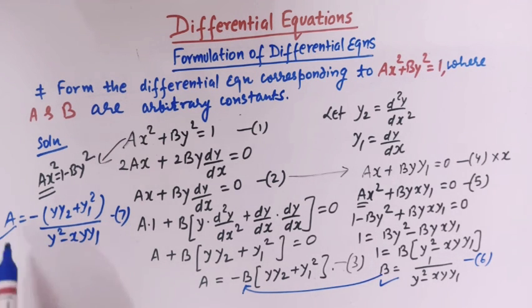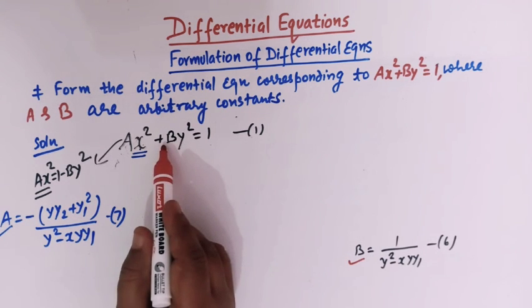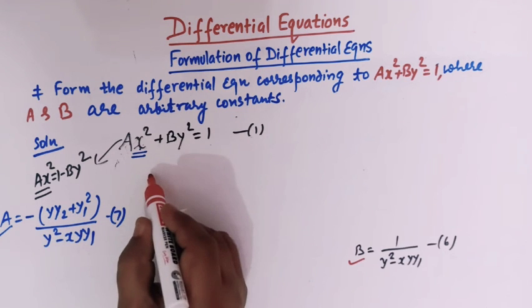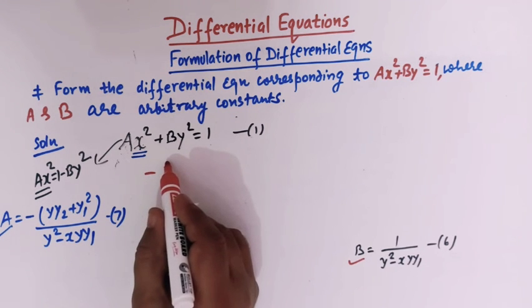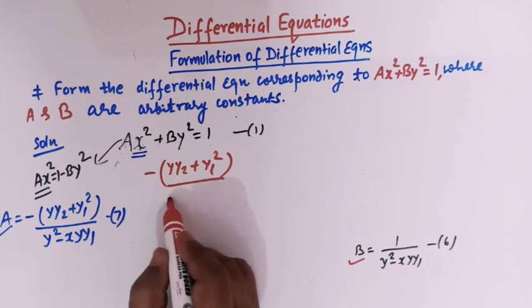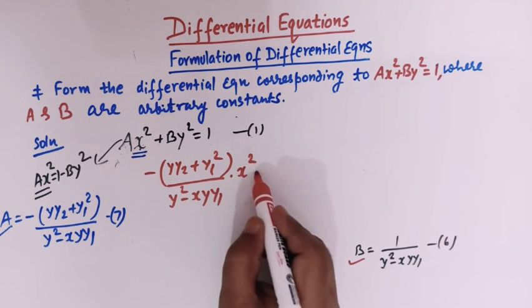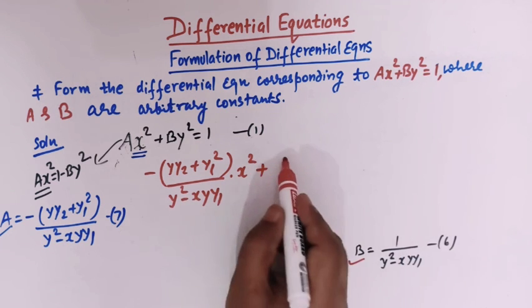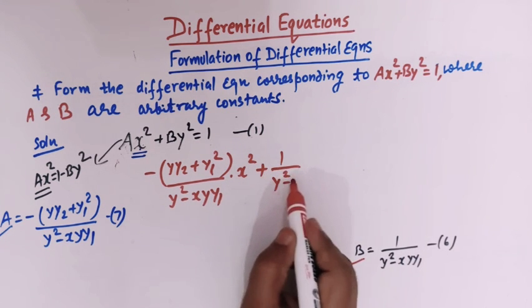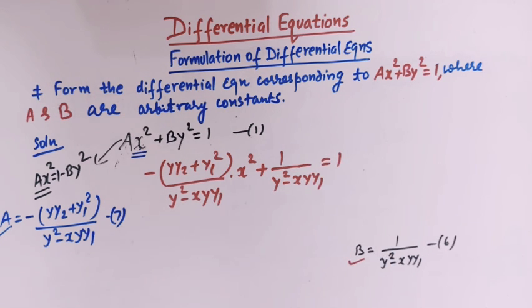Now let us substitute the values of a and b in equation number 1. So substituting, we'll have minus (y y2 + y1²)/(y² - x y y1) times x² plus the value of b, which is 1/(y² - x y y1), times y², is equal to 1, right?